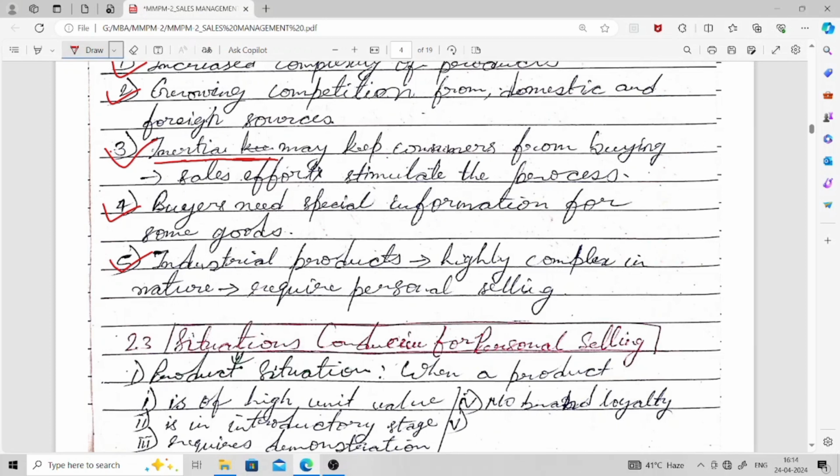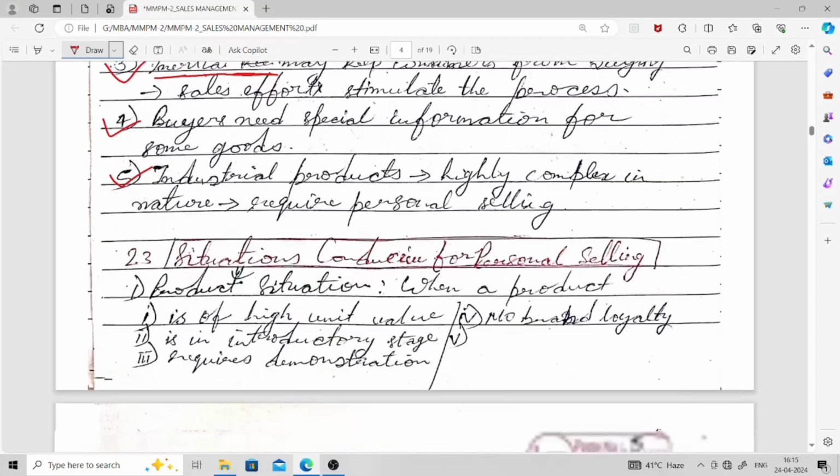Whenever there are complex products, how the product can be used should be conveyed to the buyer, because buyers only buy products which are useful for them. The first thing they need to know is how that particular product is going to work. So in the case of industrial products, personal selling is required.